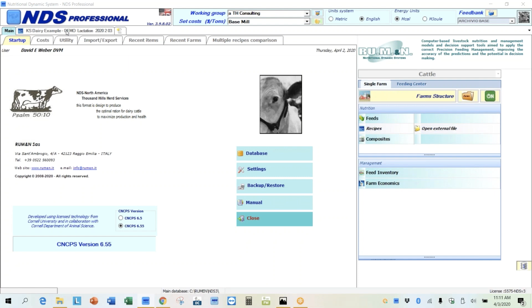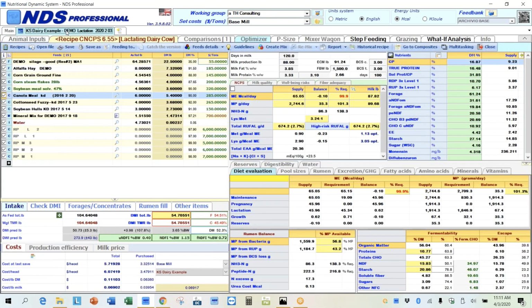So what I've done is I've come in with a pretty representative diet: corn silage, alfalfa hay, could have been haylage too. I put 2 different corn grains in there, 2 different proteins, a little cottonseed, some soy hulls, a mineral mix that did include a tad bit of blood in there.